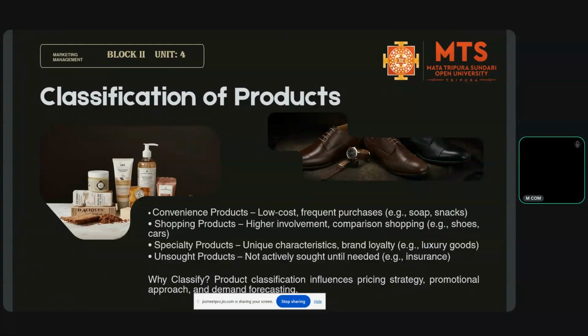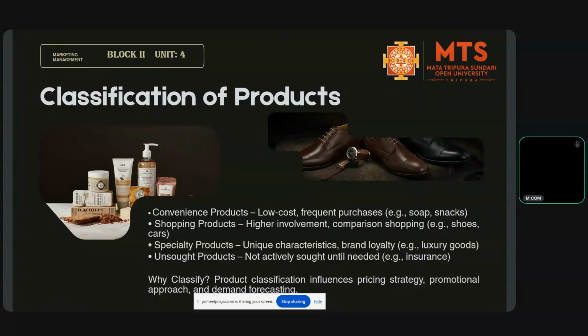Next, we go to the classification shopping products. Like wearable items such as watches, shoes, clothing. These are products that require high involvement of cost, because you are not going to buy them every day. You have to buy for a month or a year.